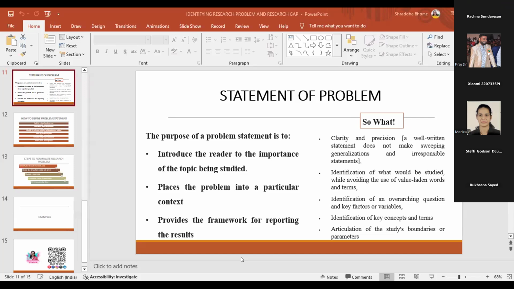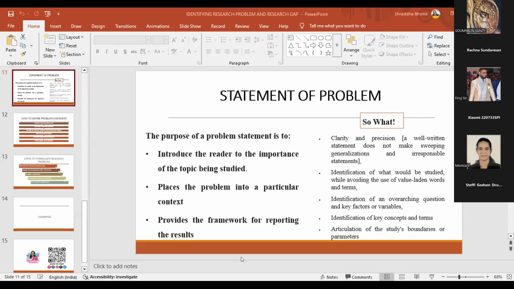And the third one is the action research problem. Action research problems aim to create change within a specific context, that is, implementing interventions and evaluating the outcomes in a collaborative manner.